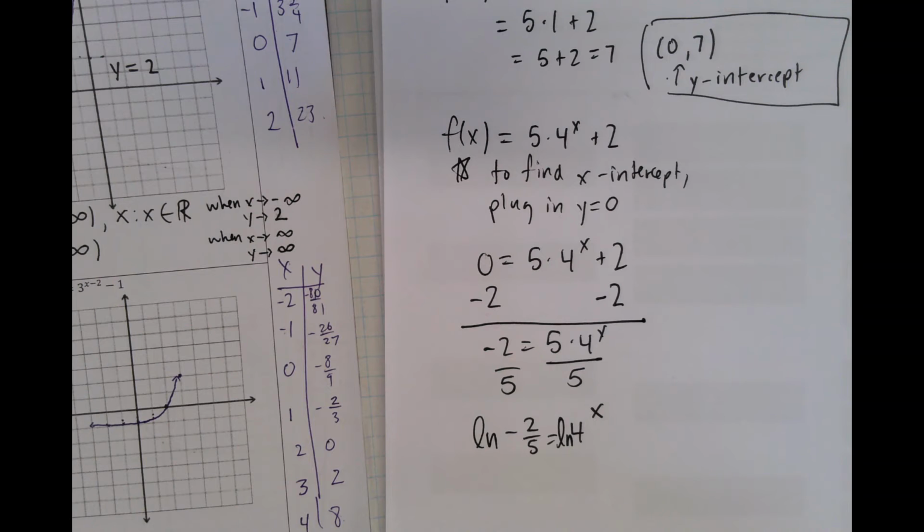Does anyone know why I would stop right here? Why would I just stop right here? This helps me to know that there is no x-intercept. How would I know this at this point? Remember that it's a rule that we remembered.